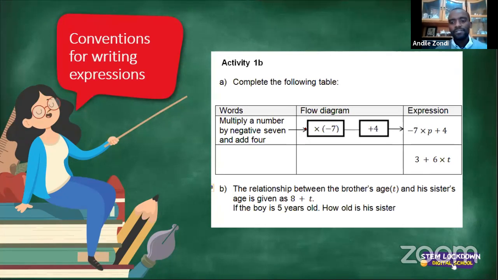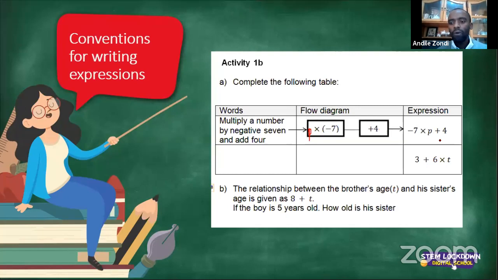So let's say our number is P. P multiplied by 7, that is the first part of your flow diagram. And then the next part, they say and add 4. So the second part of the flow diagram is plus 4.